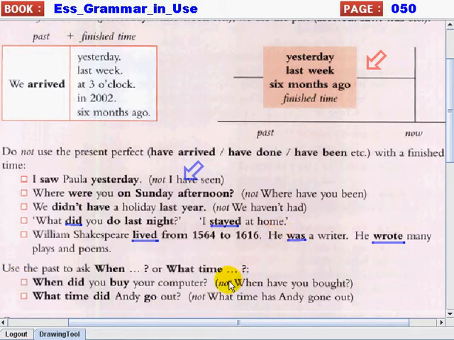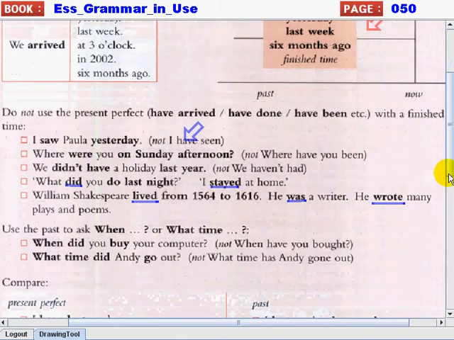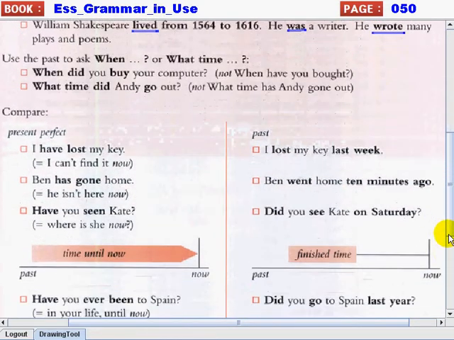Okay, that's no. Next, what time did Andy go out? You cannot ask the question, what time has Andy gone out? Okay? Because these events were completely finished, right? These events were done.